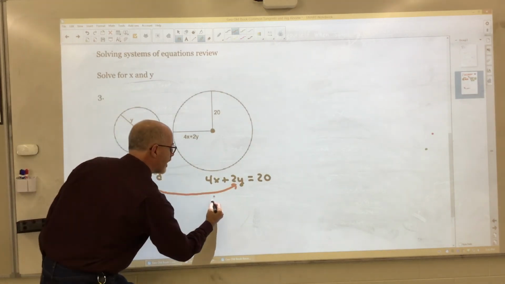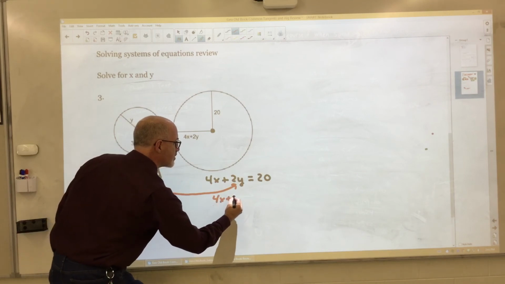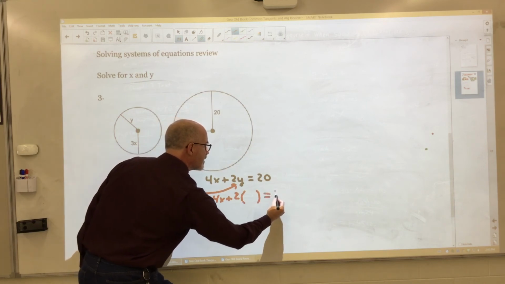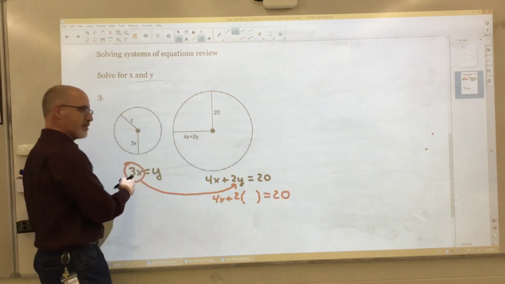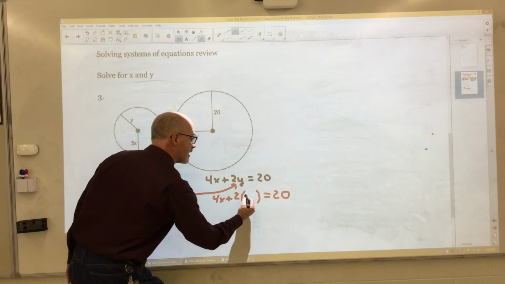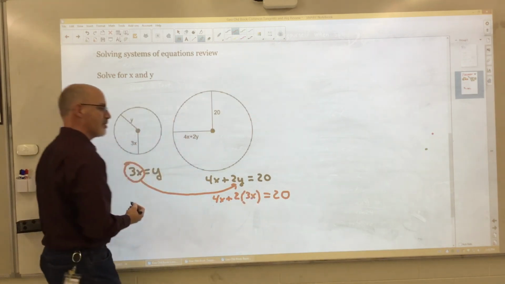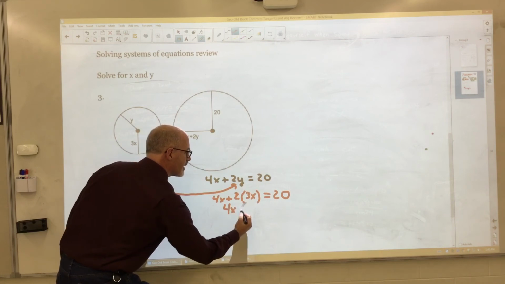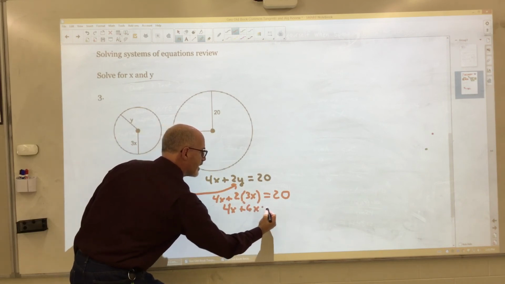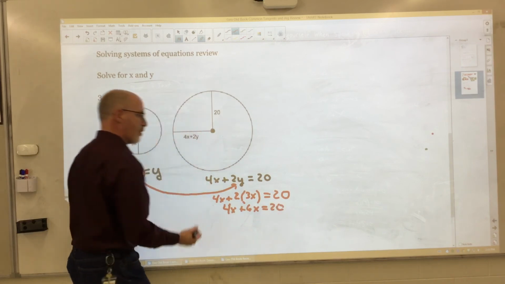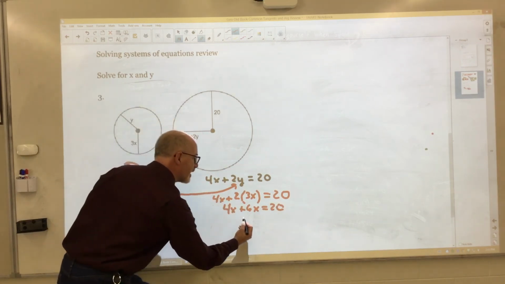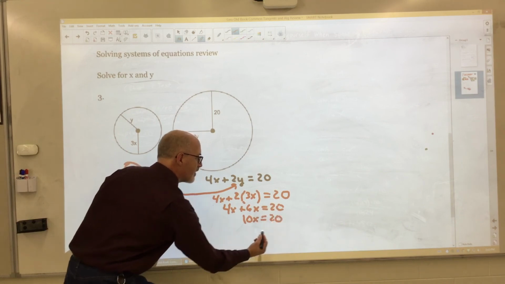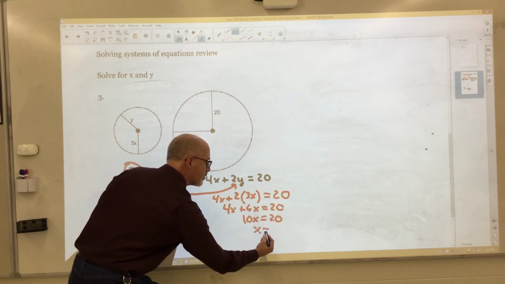So I'm going to have 4x plus 2 times, and I'm going to take out the y and put this 3x in its place, because that's what it equals. So I can substitute: 4x plus 6x is going to equal 20. If I add those together, I get 10x equal to 20. Divide by 10, and I get x equal to 2.